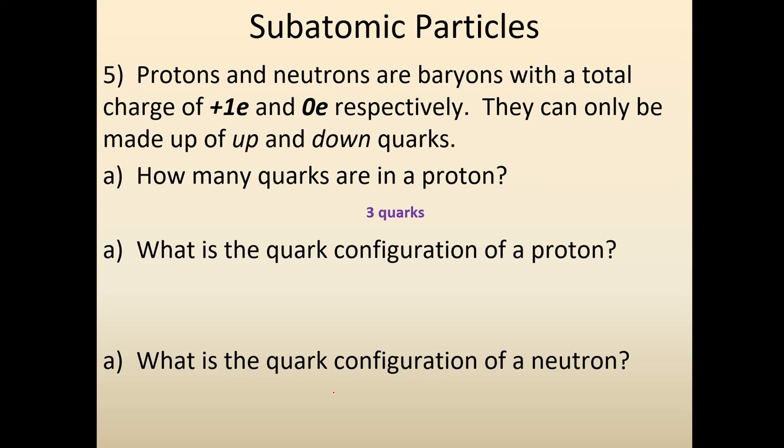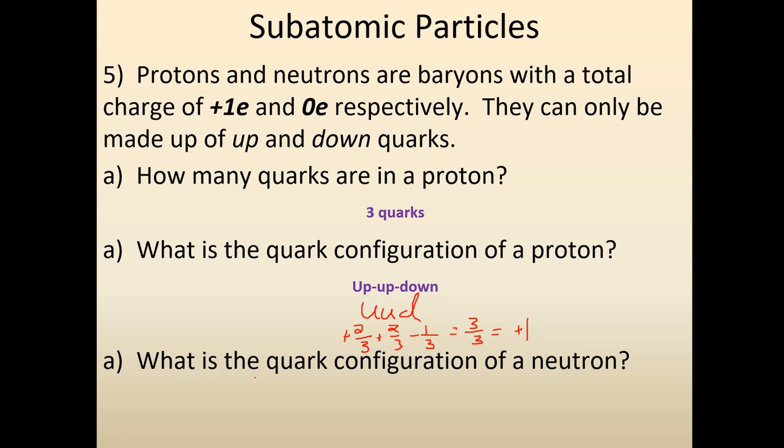Now the quark combination, if I look at the chart and I try and think about how I can combine three combinations of ups and downs, the only configuration that will get me +1 is up, up, down. Sometimes that would be rewritten as U, U, D. And that's because if I take the 2/3 plus 2/3 minus 1/3, I end up with 3/3, which is +1.